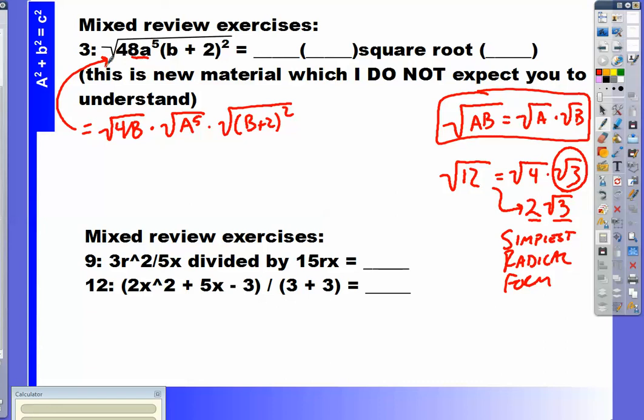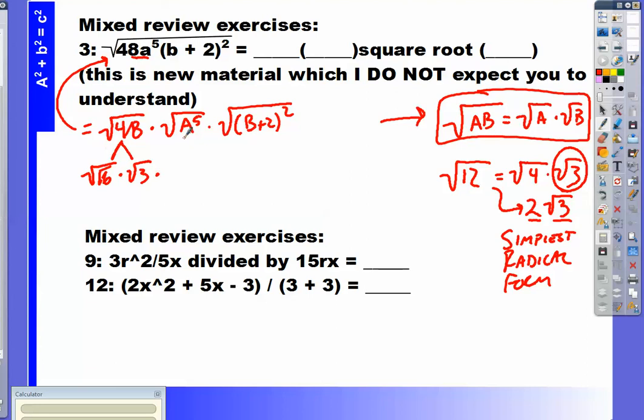Well, if I continue with this idea of breaking it into factors, I know that the square root of 48 can be written as the square root of 16, hey, that's a square number, times the square root of 3, because 16 times 3 is 48. So the square root of 16 times the square root of 3 is equal to the square root of 48. Great.